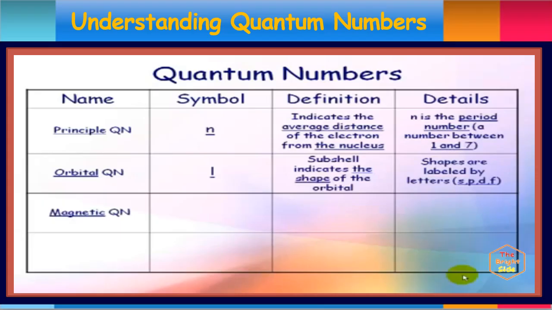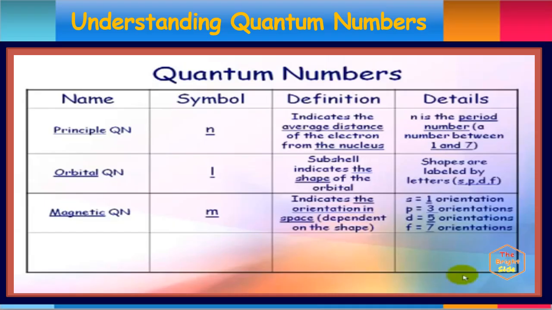Our third quantum number is the magnetic quantum number. This is letter M. It will indicate the orientation in space that the orbital will take up. This will be dependent on its shape from the orbital quantum number.